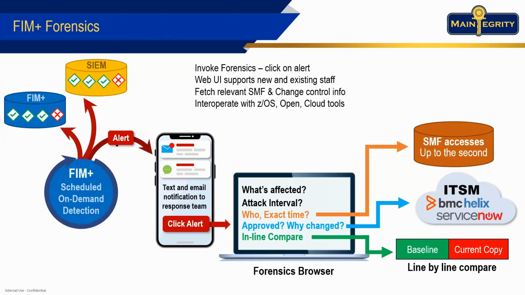For text-based files, there's an inline compare facility that takes the baseline source and compares it to the changed source, and shows you the differences. In the changed one, it'll be highlighted in red, and green in the original. We also have the ability to open a trouble ticket in your trouble ticket system to say that this has occurred. So that's the basic parts of file integrity monitoring that we've had for quite a long time now.